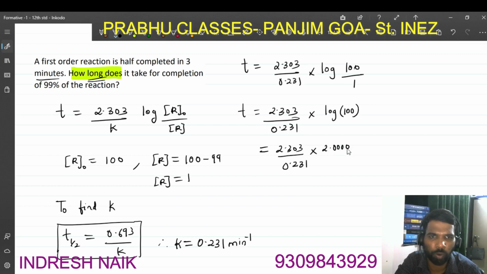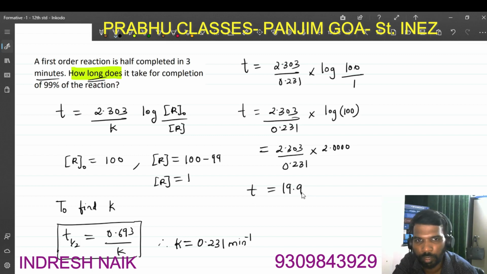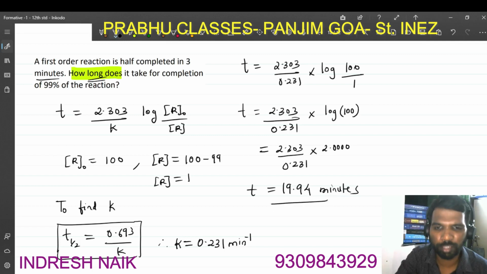You will get this on the logarithm table. So 2.303 multiplied by 2 divided by 0.231. So the answer is time is 19.94 minutes. Okay, this is the simplest topic you can have for the exam in the whole syllabus.